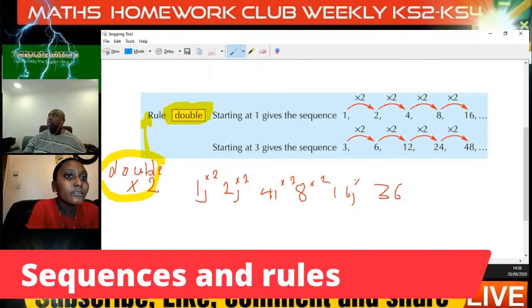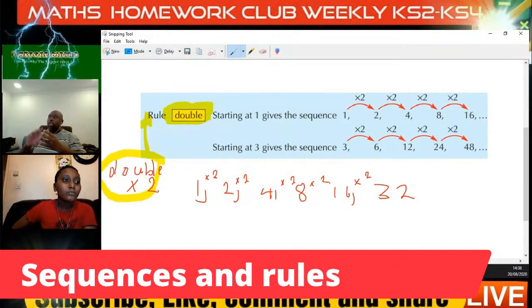Sorry, I wrote 36 by mistake. That's supposed to be 32. So the sequence here is 1, 2, 4, 8, 16, 32. We are doubling. Happy with that?